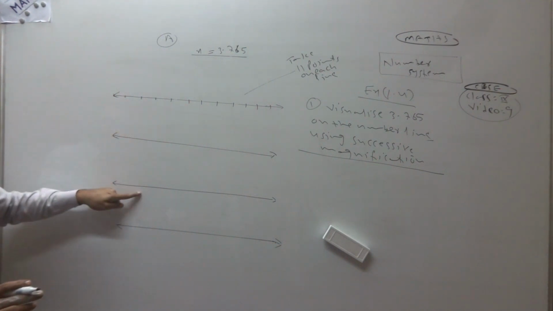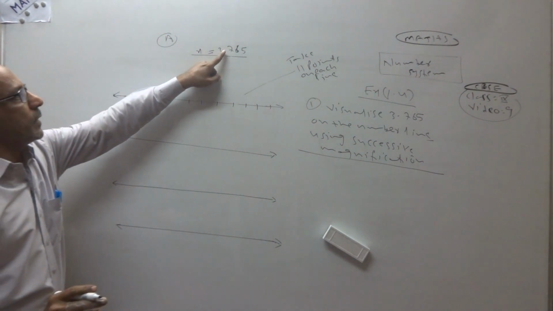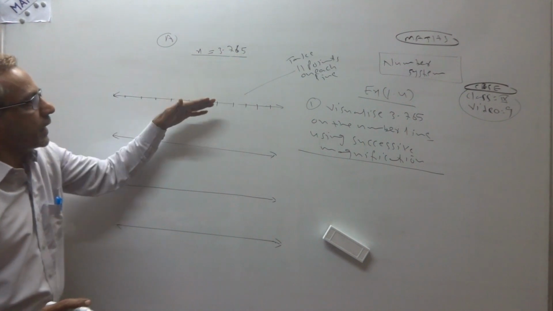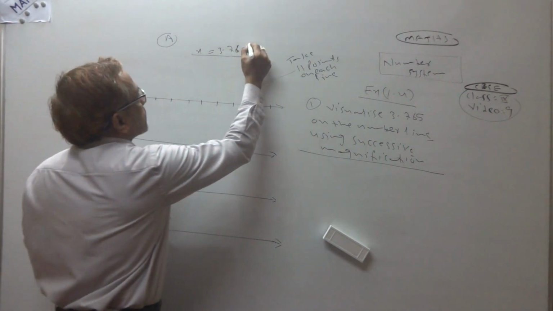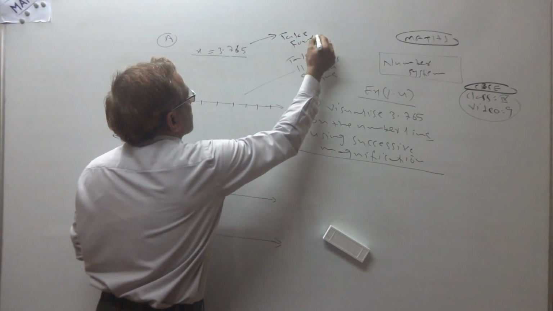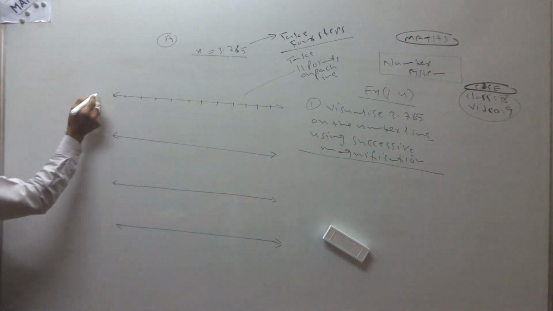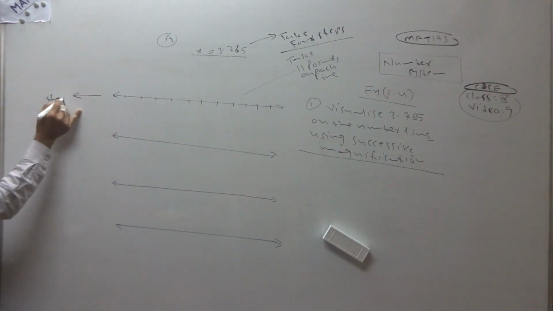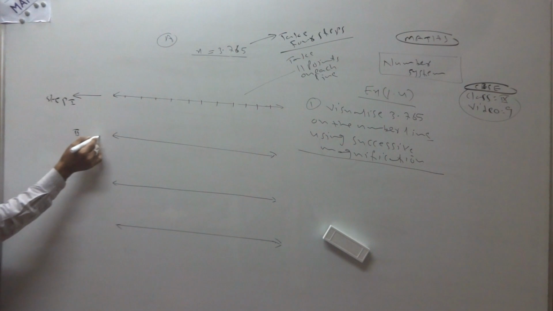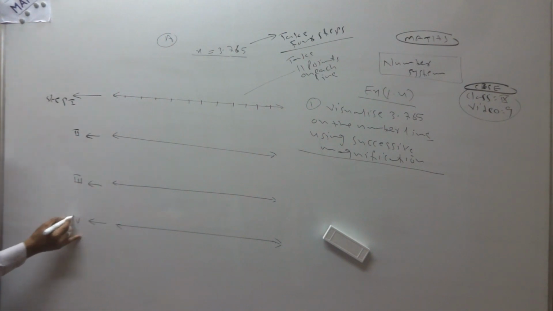1, 2, 3, 4 steps, 4 lines. After the decimal, if 3 points are there, take 4 steps. This is step 1, this is step 2, this is step 3, this is step 4. So you have to take 4 steps.